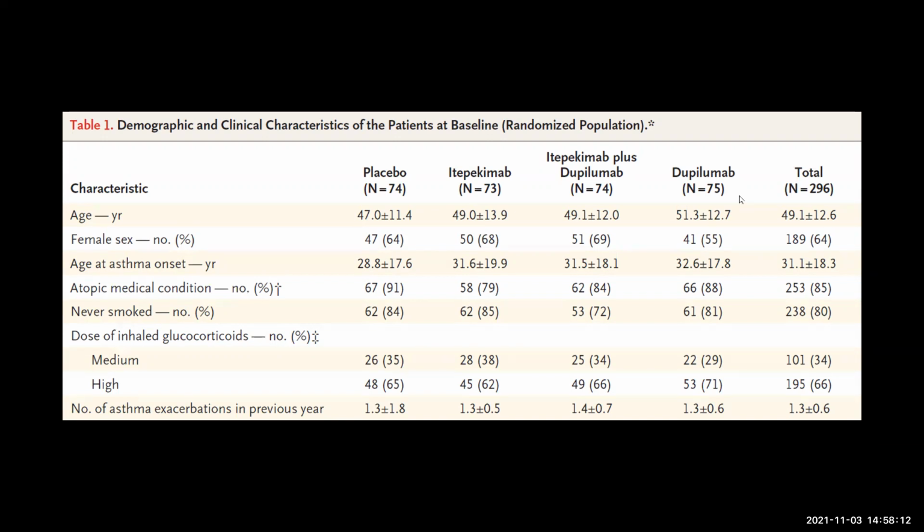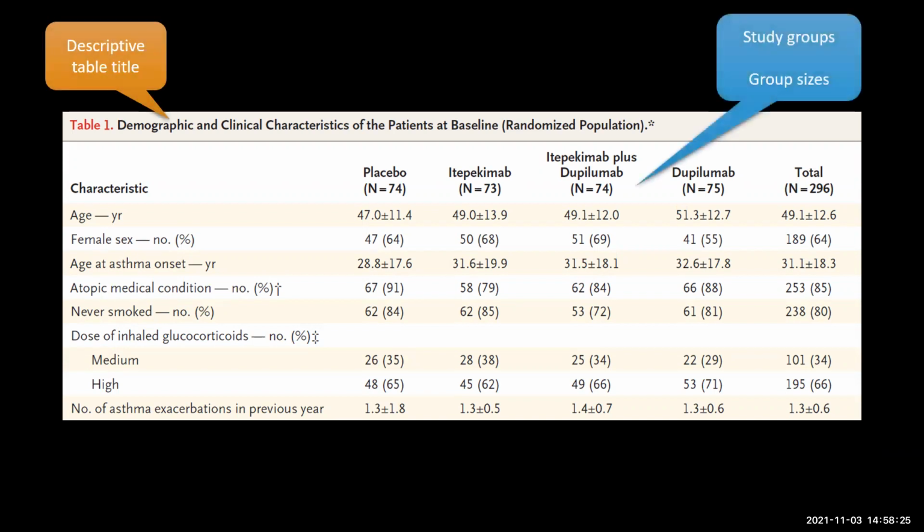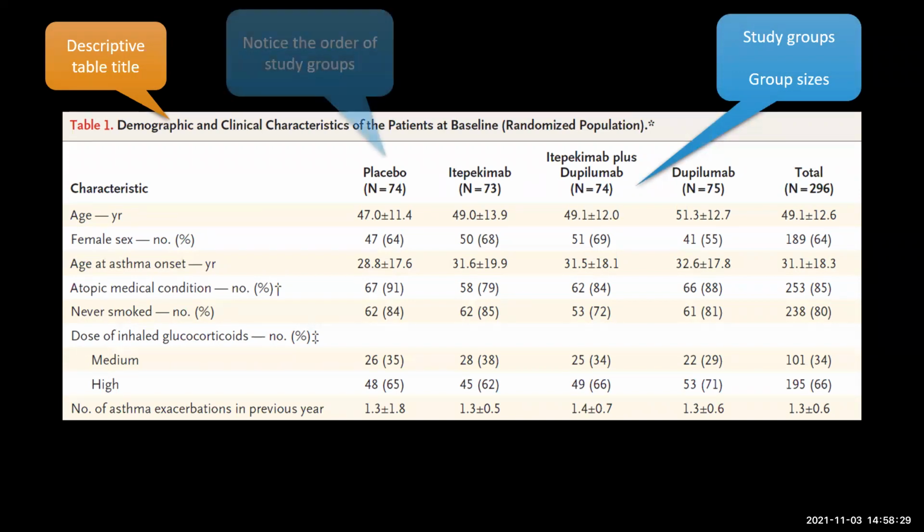So again, the important thing here I want to show you is that this is a very clean presentation. It shows a very descriptive table title. It has the study groups in 4 columns as well as a total group. The order of study groups, they've started with the placebo and then the active groups and then the total group.